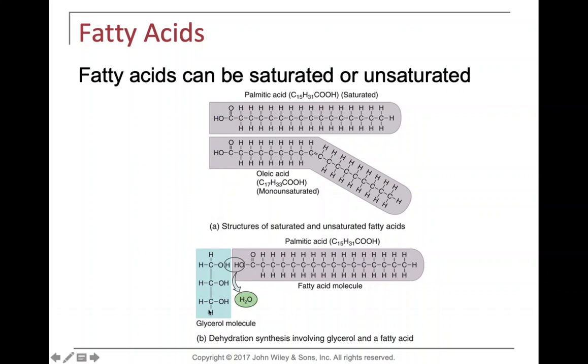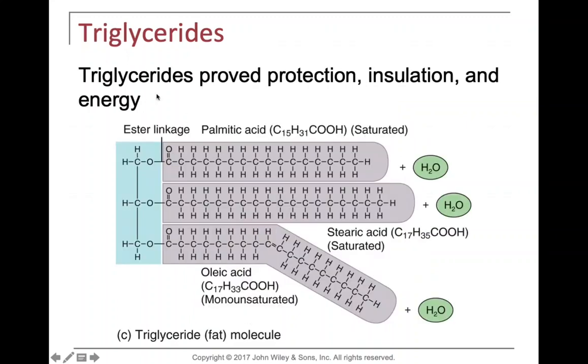When you have this glycerol backbone on the bottom and we want to add a fatty acid to it, now we're going through this process called dehydration synthesis because we're taking something smaller and we're making it larger. Remember, dehydration synthesis, it's creating that water, that H2O at the end. Now, if we do this 1, 2, 3 times, we have a triglyceride. You go from a mono to a di to a triglyceride, which we see here.